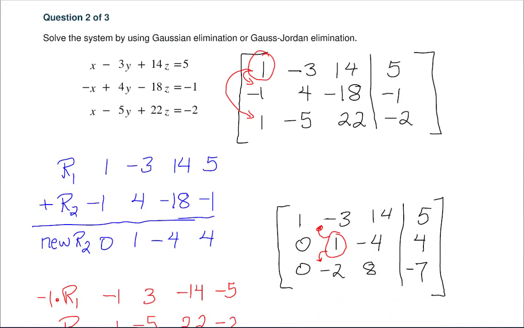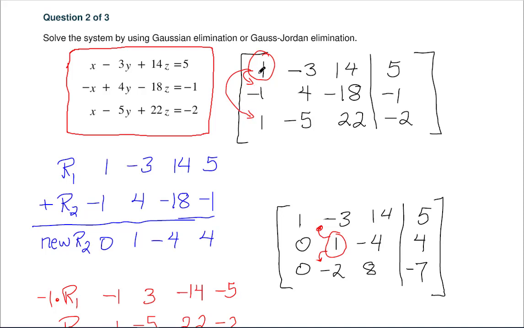Alright, in question 2, we have 3 equations and 3 unknowns. Alright, so I grab all the coefficients, 1, minus 3, 14, and 5. Do that same thing for the second equation and for the third one. I already have a 1 in this position, so I'm going to use this 1 to make 2 zeros.